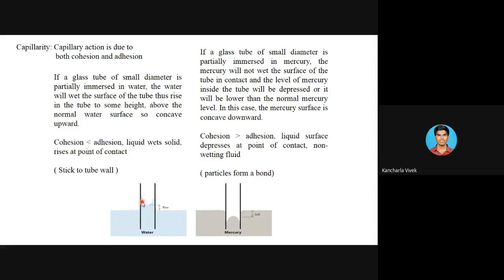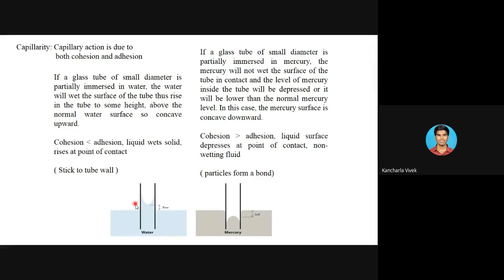Since more water molecules stick here, there will be more water molecules attracted towards the wall of the tube rather than the center. So here adhesion, or adhesive force, is dominating the cohesive force.